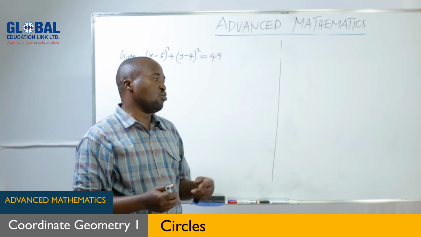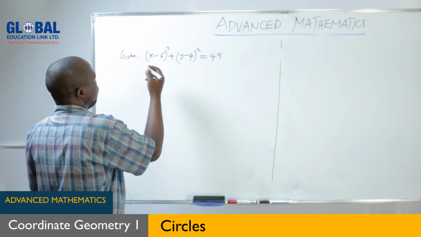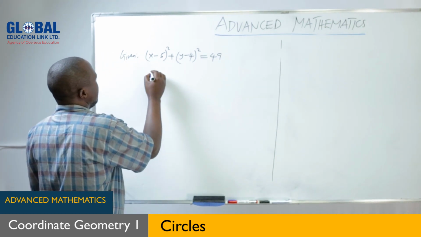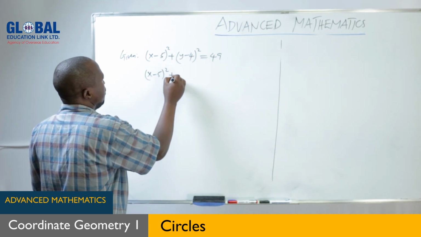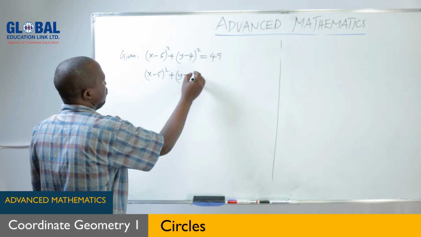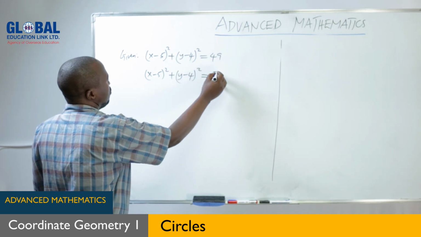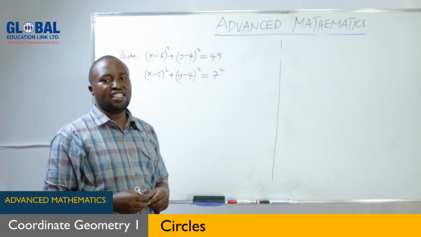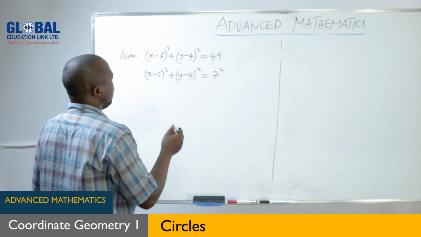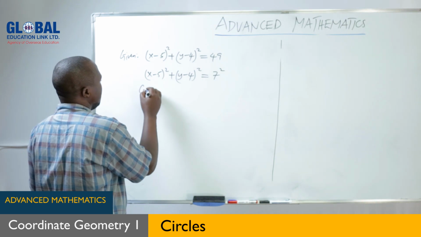We can rearrange it as (x minus 5) squared plus (y minus 4) squared is equal to 7 squared, because 7 squared is equal to 49.